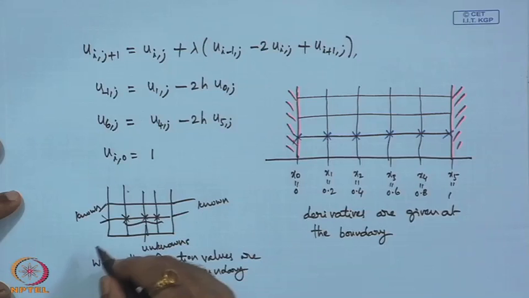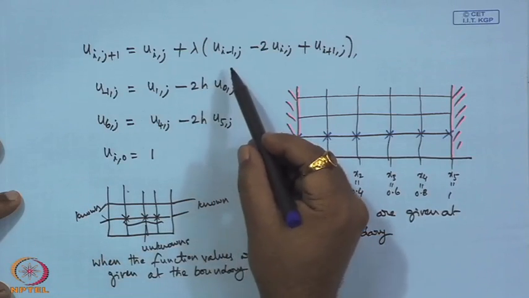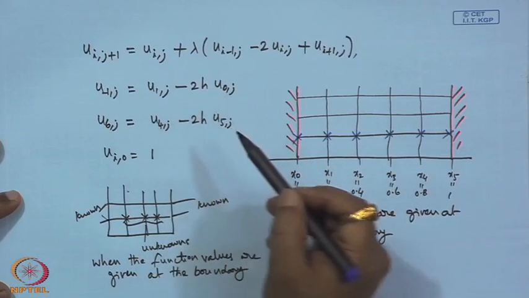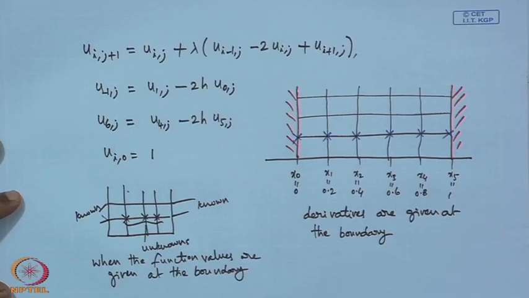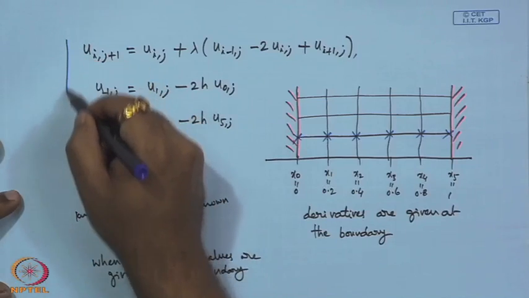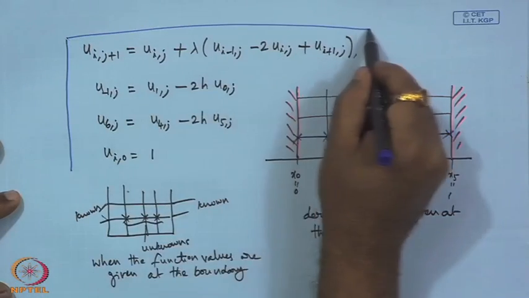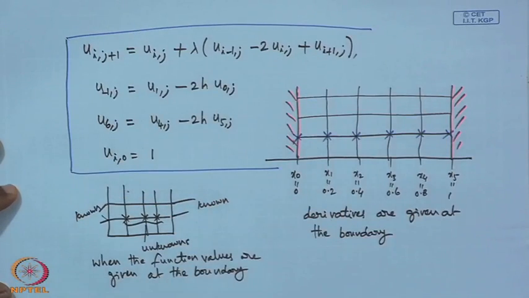So, now how many equations we have? If you look at it, in some sense you have 4 equations, right. So, we need 2 more equations, okay. We need 2 more equations. How we are going to get?